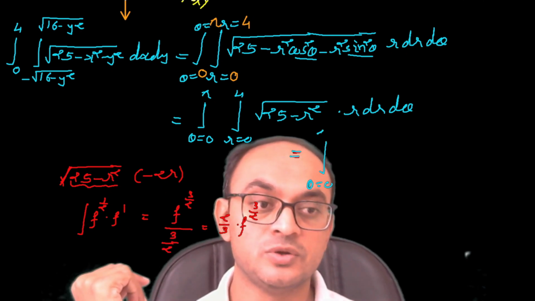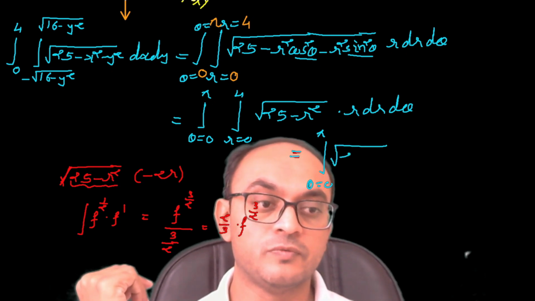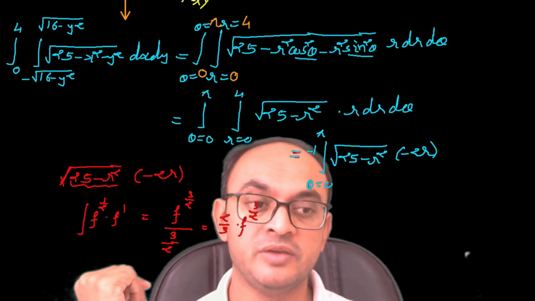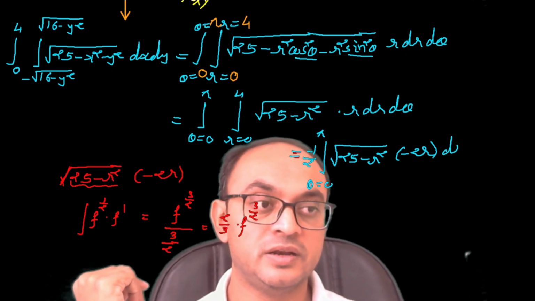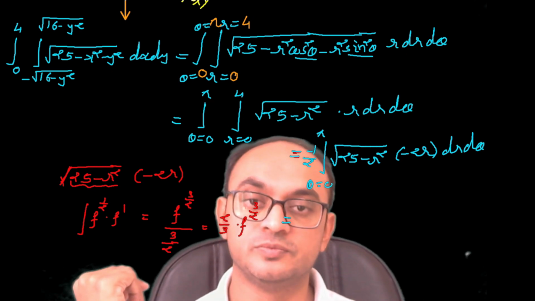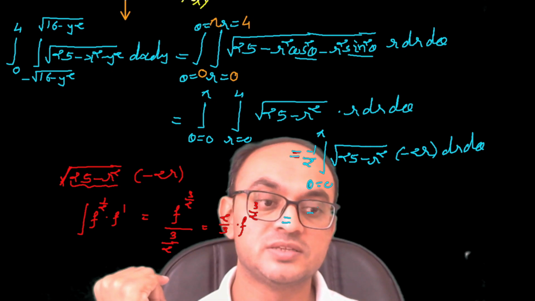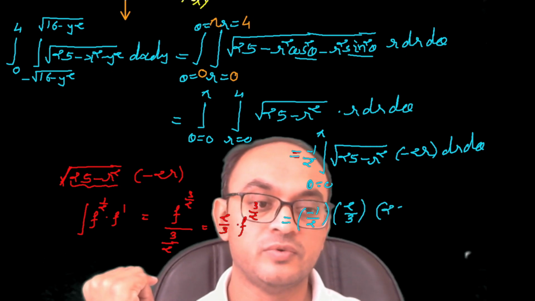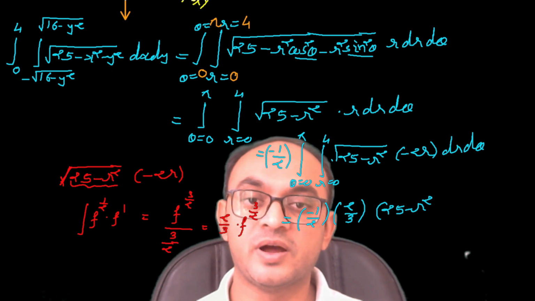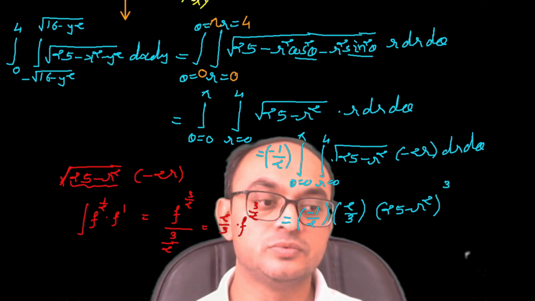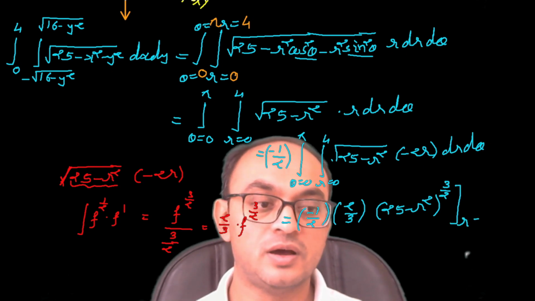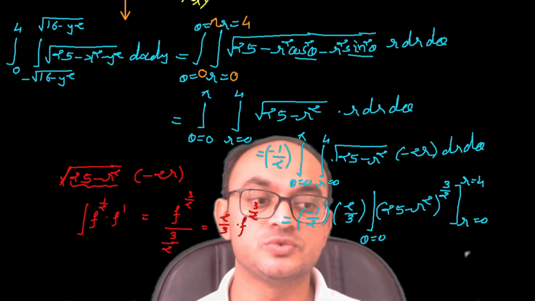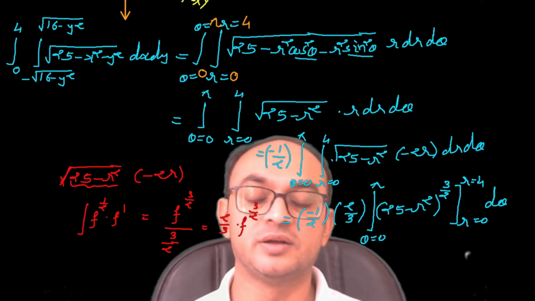Integration theta equal to 0 to pi, under root of 25 minus r square, this is say minus 2r, so I divide by minus 2, then dr d theta, which is equal to, by using this formula, minus 1 upon 2 as it is, 2 upon 3, 25 minus r square raised to 3 upon 2 with the limit of r equal to 0 to r equal to 4, and the whole integration with respect to theta equal to 0 to pi d theta. Clear?